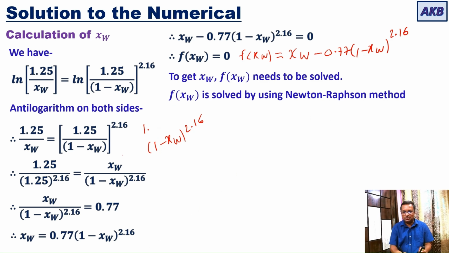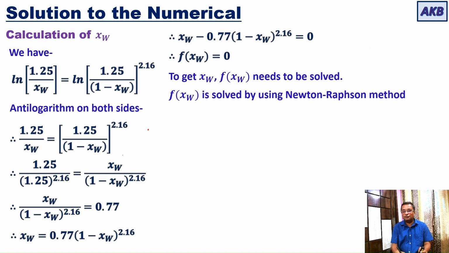Let me erase this so that there is no confusion. So, we are going to solve f of xw by using the Newton-Raphson method. And what is the formula for the Newton-Raphson method?